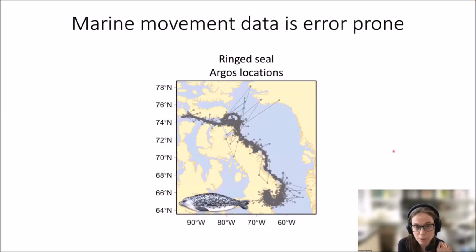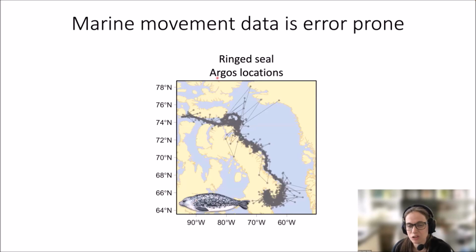State space models have been used for decades in movement ecology, and in particular to model the movement of marine animals. A lot of the early state space models were for Argos locations. The idea is that technology like GPS doesn't work underwater, and even for animals that come to the surface, at least it didn't used to work very well.